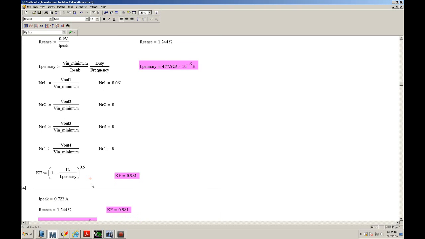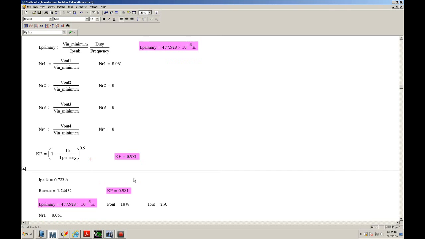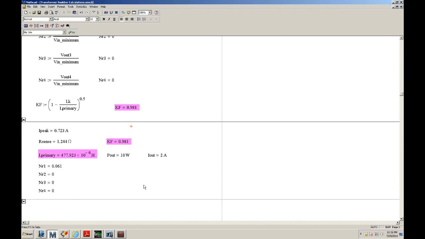And in this case, with the primary inductance of 477 microhenries and a leakage of 18, I believe, the coupling coefficient is 98%. Typically that would be good, but even though it's 98%, you still end up with quite a bit of current. So let me go ahead and close that.